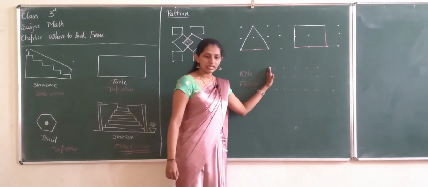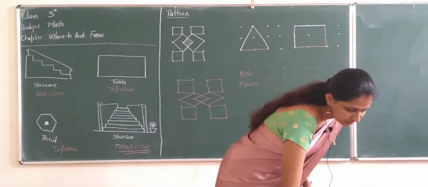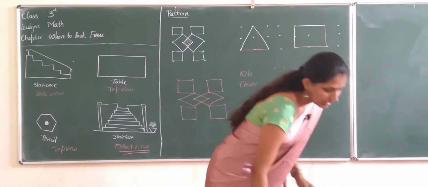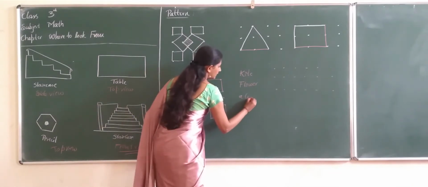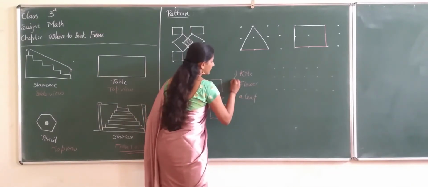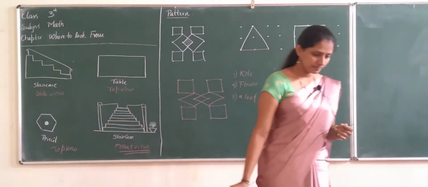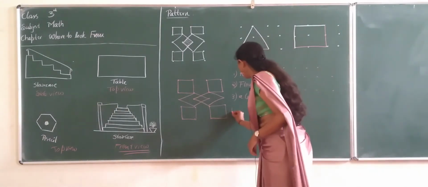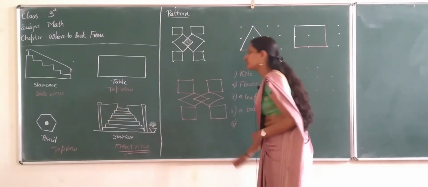Then the kite is over, the flower is over. Then a leaf, you have to draw a leaf. 1 is kite, 2 is flower, 3 is leaf. Then can you draw a boat? A boat you have to draw, and you have to draw a star.